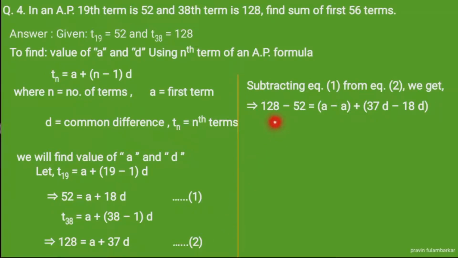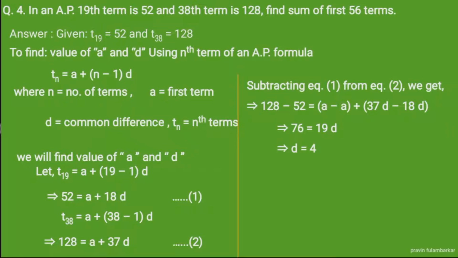So we write in LHS 128 minus 52, and RHS is A plus 37D minus A plus 18D. In LHS we get 128 minus 52, which is 76. A minus A gets cancelled. So we get 37D minus 18D as 19D. So divide both sides by 19. We get D equals 4.